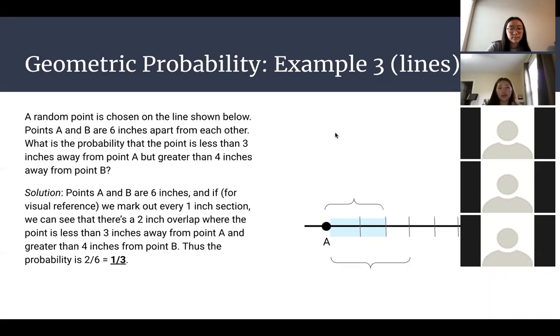1/3 wouldn't be the exact answer. Why would you say that? Well, there's an area where it could be directly on that border, so that it is exactly 4 inches away from B. Therefore, it wouldn't satisfy the condition, since it says greater than 4 inches away. Okay, so it's almost at the 2-inch mark.